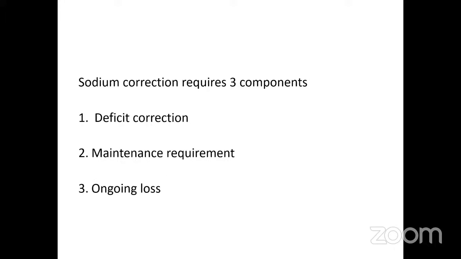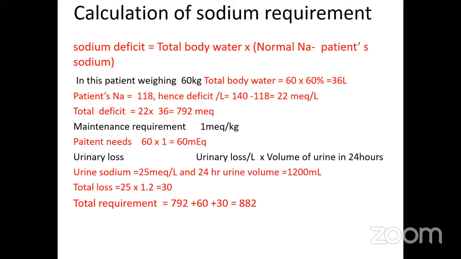But you and me require a regular requirement of sodium, no? That is 1 milliequivalent per kg. And this patient is also losing sodium in the urine. So you have to correct that also. So whenever you try to correct sodium in hyponatremia, you have to take into consideration the deficit correction, the maintenance requirement, and the ongoing loss.